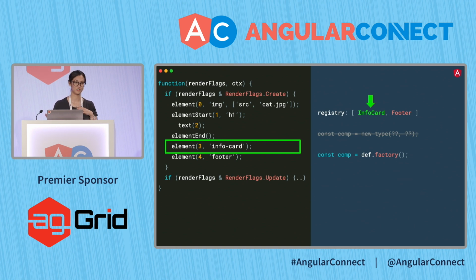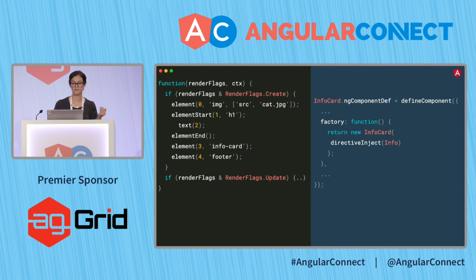And this is the same factory function that we invoked at the very beginning. So if you look at what InfoCard's factory function would look like, it'll call new on InfoCard, as you might expect. But it also has this directive inject instruction. And this is the instruction that powers dependency injection. So this is the thing that's actually going to go get this info token that you've asked for.